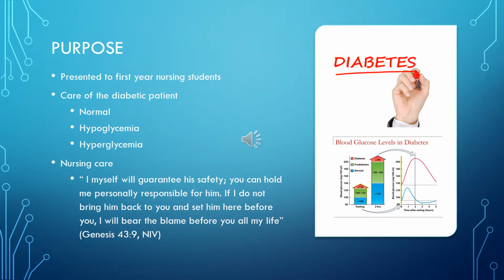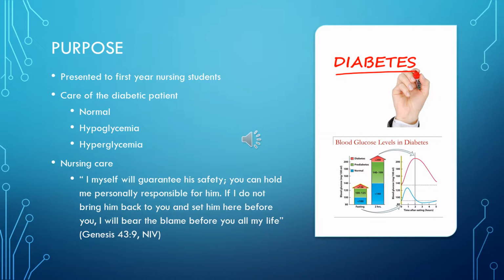So what is the purpose? Why do we do blood glucose testing? This lesson is going to be presented to nursing students in their first year of nursing. So at that point, we've already learned through didactic classes what diabetes is. But how do we take care of our patient? How do we monitor the blood glucose?